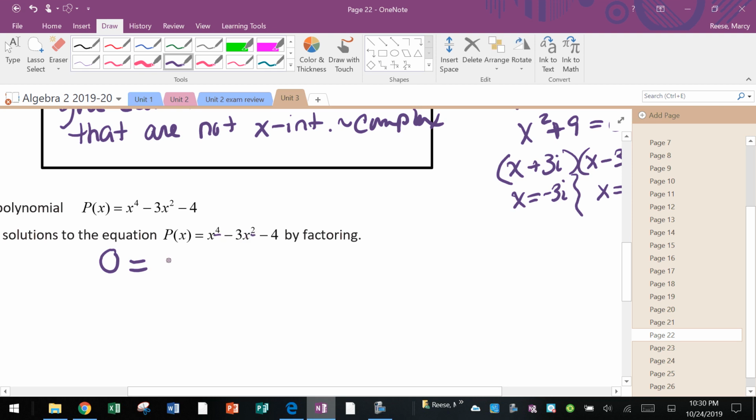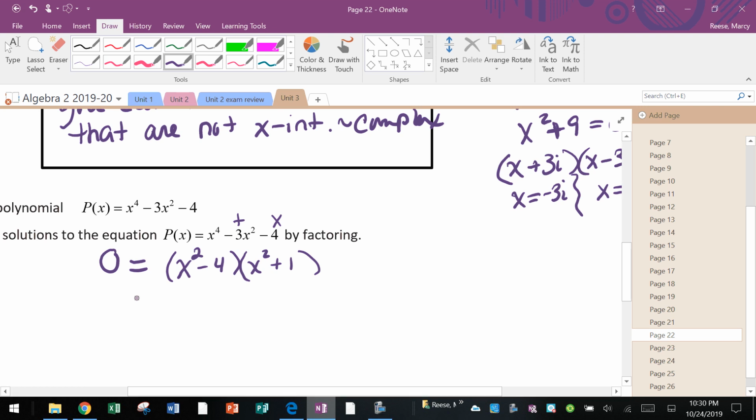So I had told you when we did this in September, which I know was a while ago, that you can factor this just like normal. So you can just go, okay, what multiplies to be negative 4 that adds to be negative 3? Except instead of an x here, we're going to have an x squared. So the numbers are negative 4 and positive 1. They multiply to be negative 4 and they add to be negative 3.